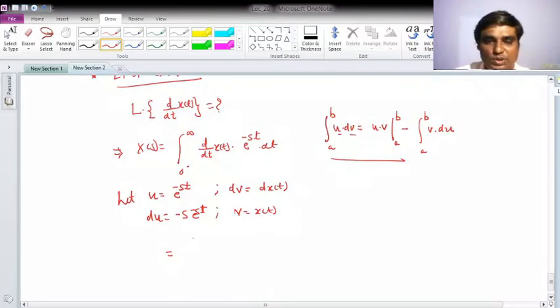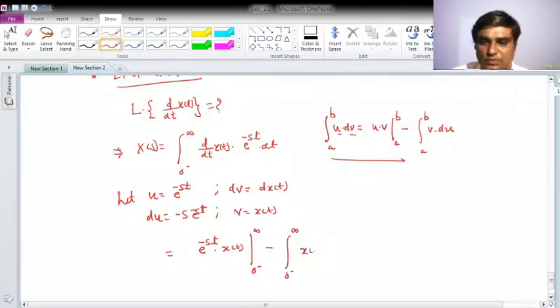So u into v is e raised to minus st into x of t, from 0 negative to infinity, minus the integral from 0 negative to infinity of v, which is x of t, into du. Du is minus s, so it will be plus s e raised to minus st dt.